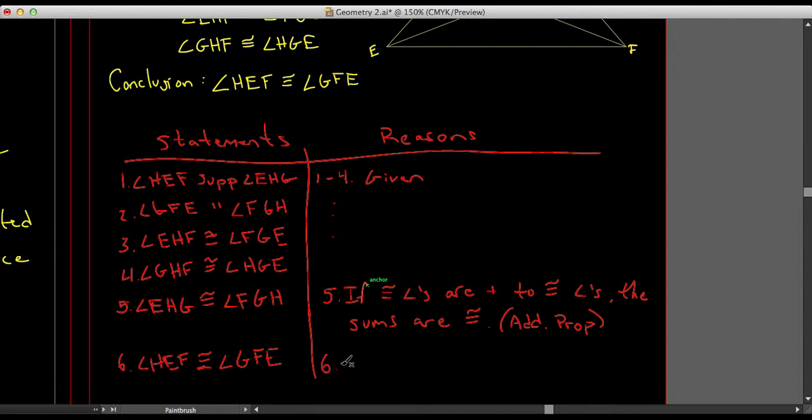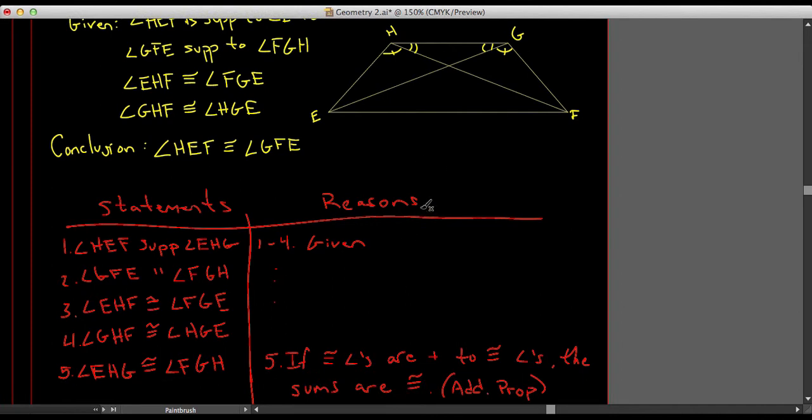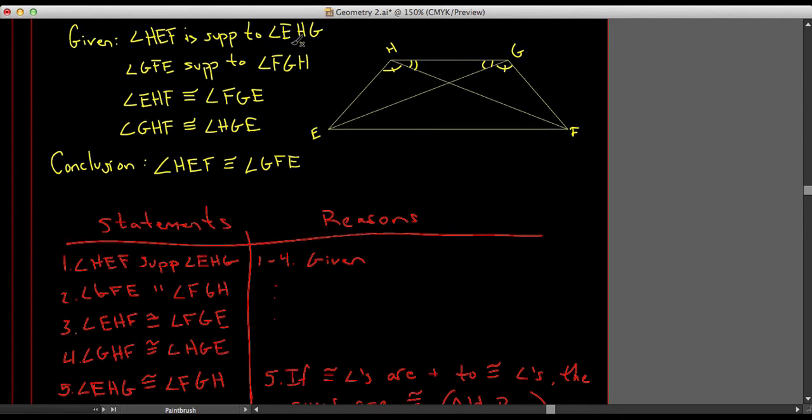Well, we have angle EHG, and that is congruent to FGH. These are our two angles that we know two other angles are supplementary to from the given information. Angle HEF is supplementary to one of the angles, and angle GFE is supplementary to the other angle that we know are congruent to each other.